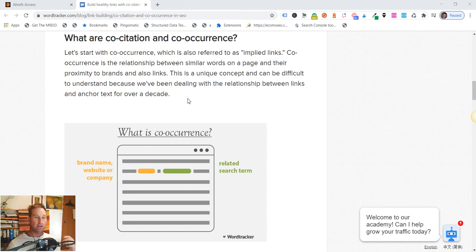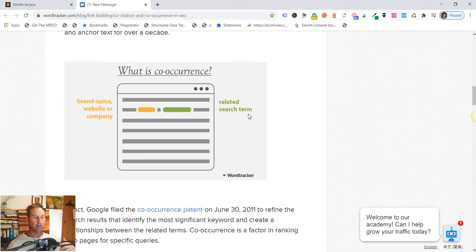That co-occurrence, where there's not even a link and there's a proximity to the mention because it's on the page, is what's called co-occurrence. So it's what is known as implied links, and you can see up here that's what they're talking about. Sometimes you hear people talk about brand mentions, and that can help as well.